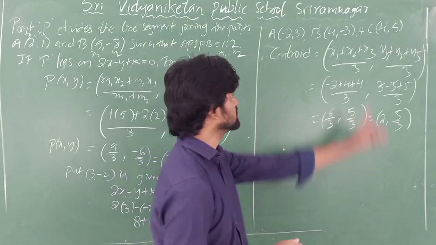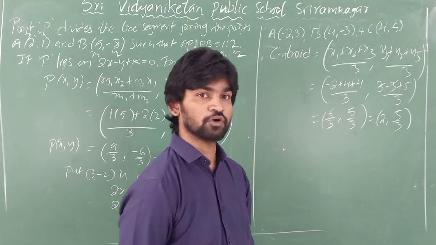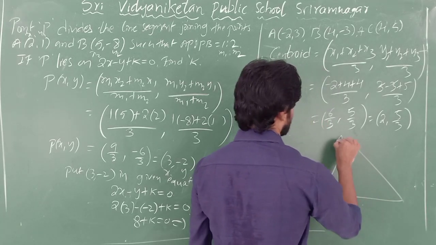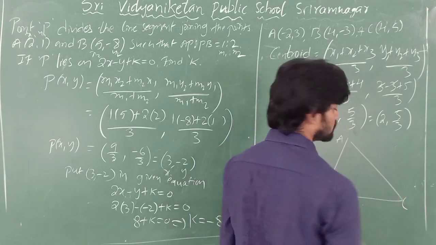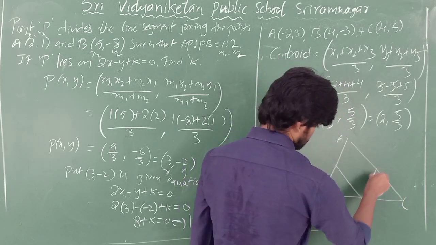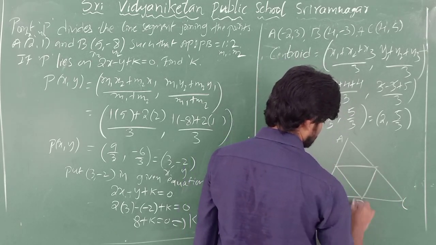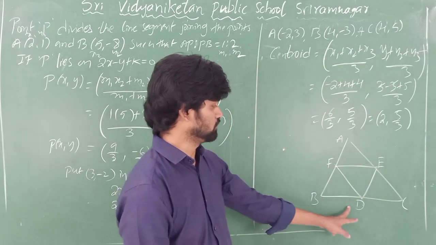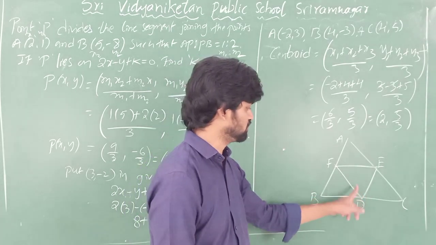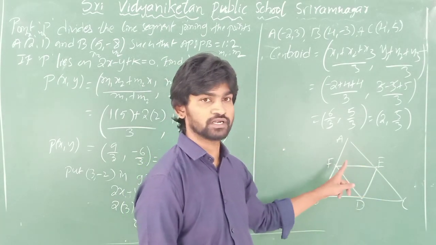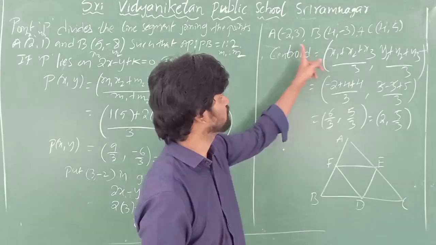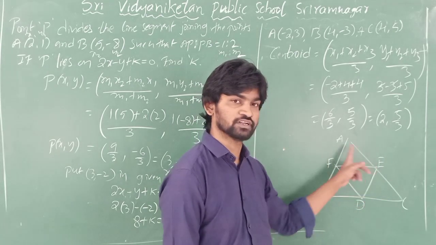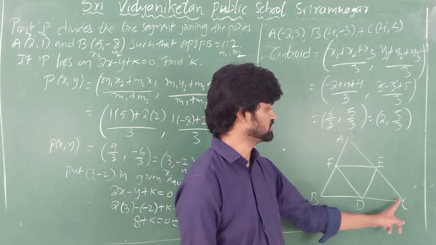Now he is asking the centroid of the triangle formed by the midpoints. Now I will draw triangle ABC here, with midpoints D, E, F. How to find it: the centroid of ABC is always equal to the centroid of DEF, if D, E, F are the midpoints of AB, BC and AC.